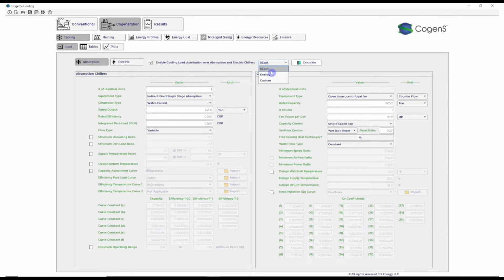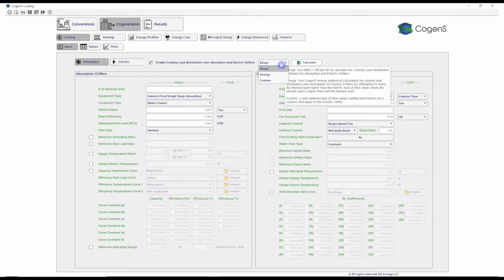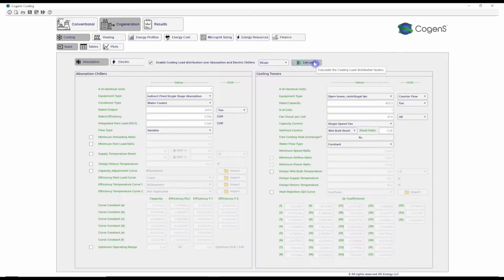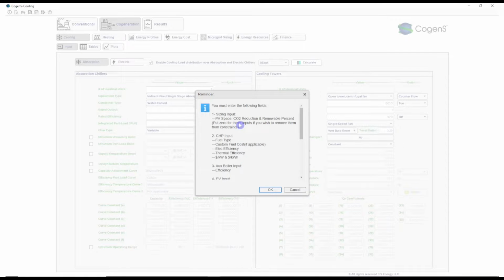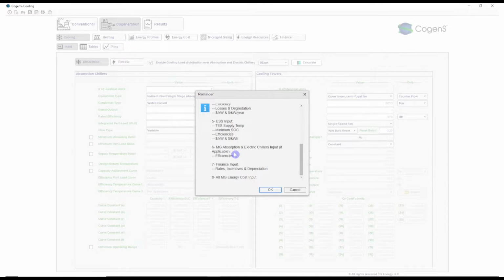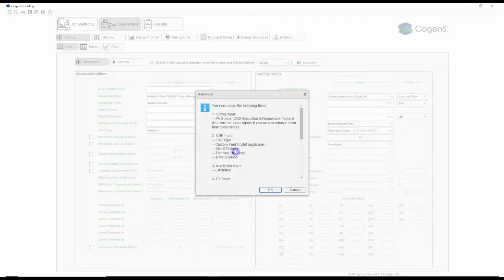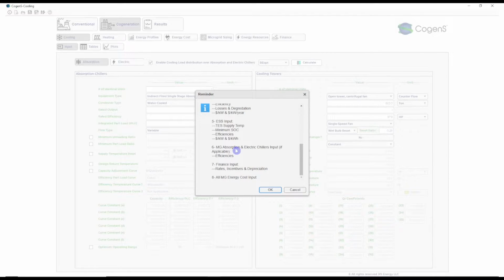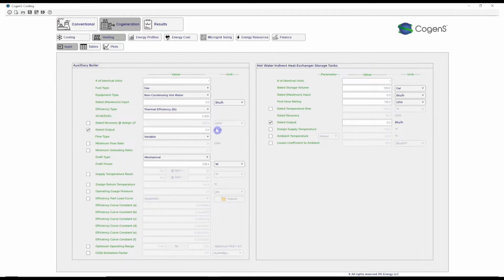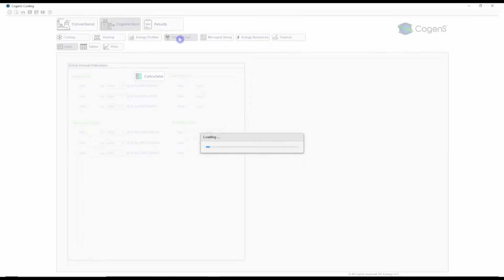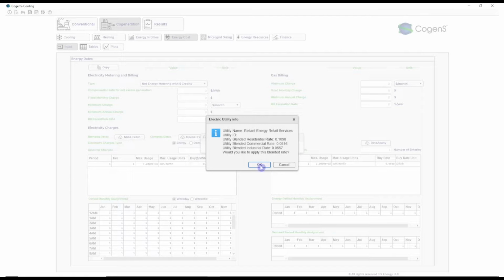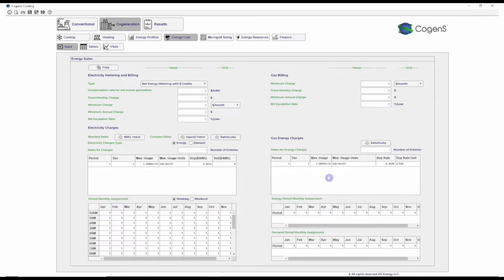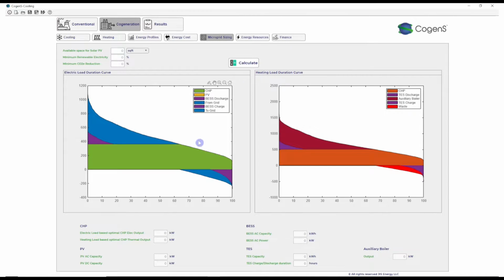The first option is to utilize the Re-Opt API service provided by NREL, which will require us to enter more system input in other sections of CogenS listed in the reminder message here. The Re-Opt API algorithm will utilize these input parameters to recommend the optimal mix of renewable energy, conventional generation, and energy storage technologies to meet cost savings, resilience, emissions reductions, and energy performance goals.